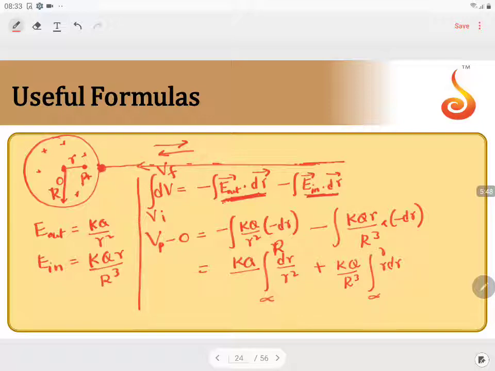Now here the limits will be capital R to small r. From infinity to the surface, the work done will be different, and from surface to this point P, the work done will be different. That's why you get the limits like this. So remember this: kq into dr by r square plus kq by R cube into r dr.